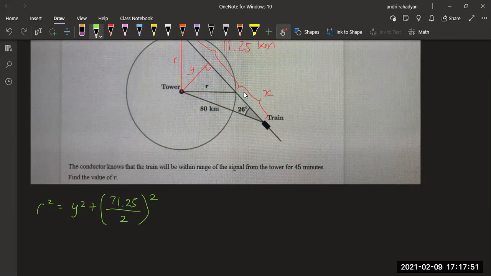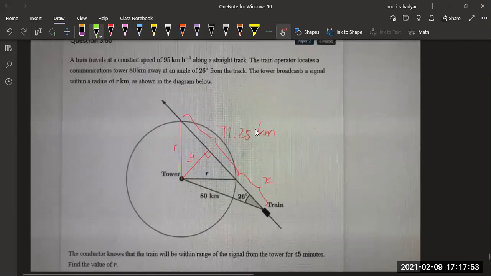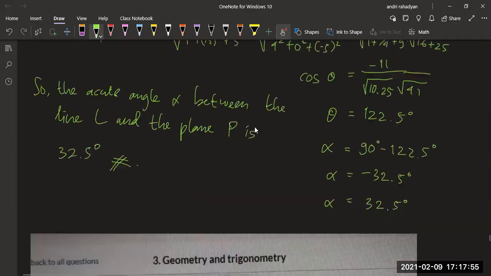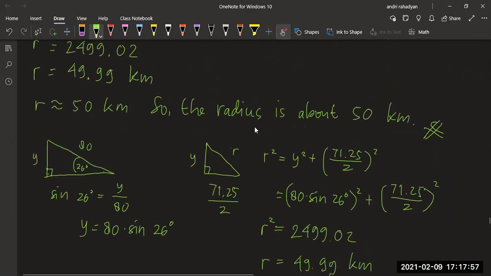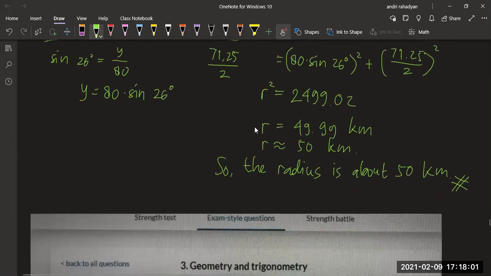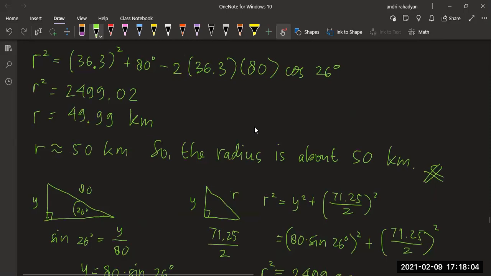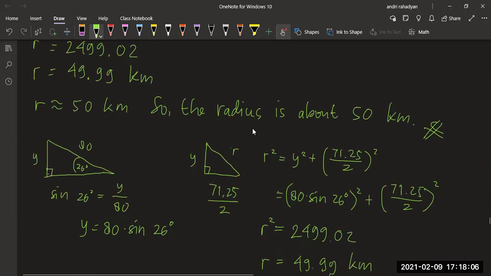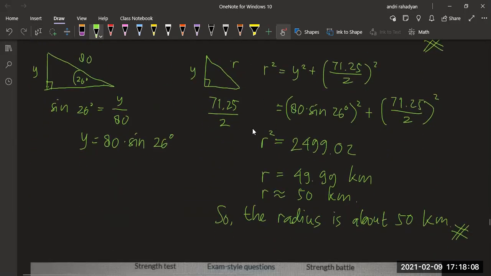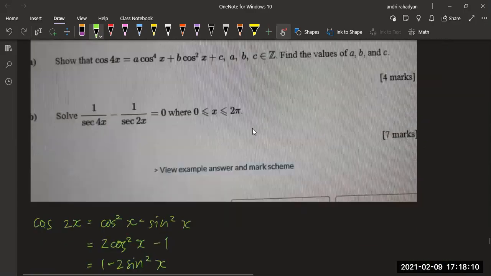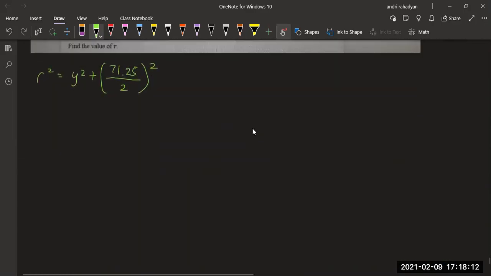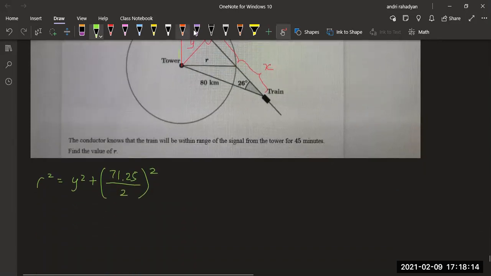Okay, hold on. Oh, you have to use the angle.